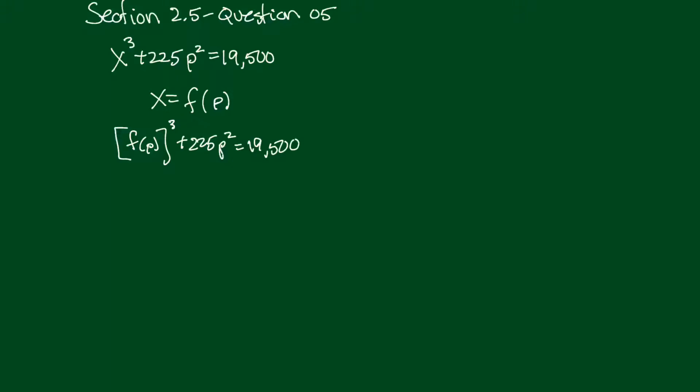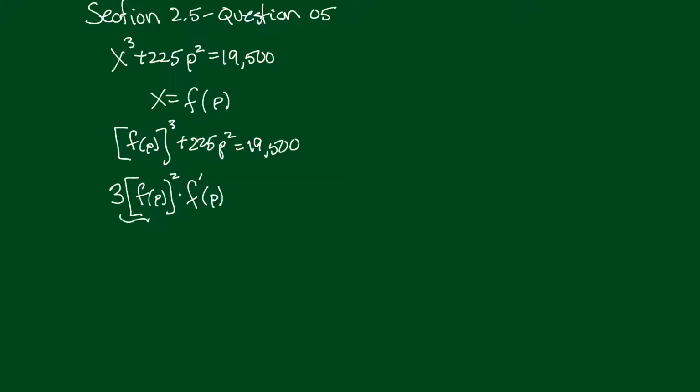So implicit differentiation. Look at this. We've got a power, so general power rule. Derivative of the outside times the derivative of the inside. So we're going to have 3, and then f of p, now decreased by 1. There's the derivative of the outside times the derivative of the inside. We don't know the inside, so we'll just indicate it with f prime.